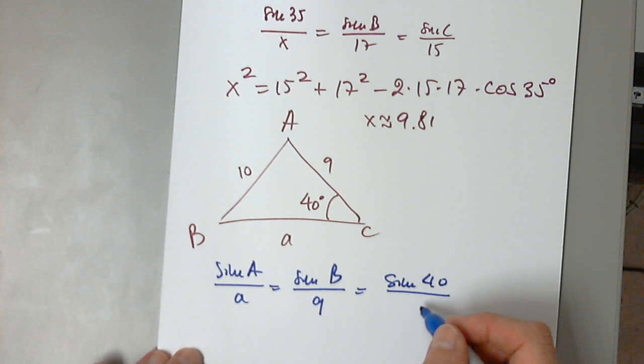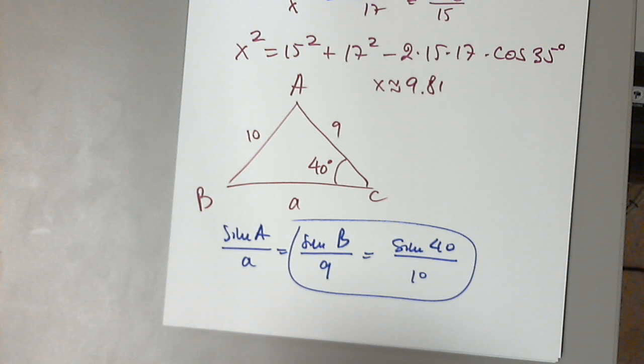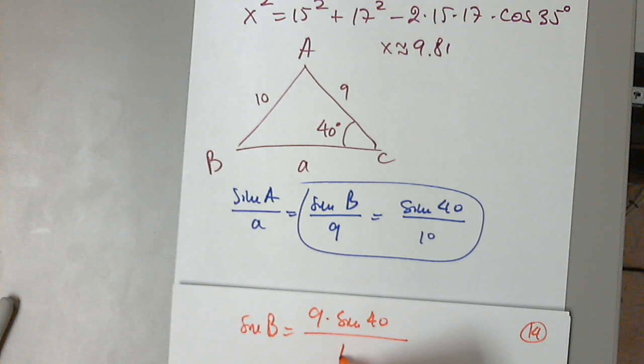This proportion has only one variable, so I can go ahead and find sine B and eventually B. So we cross multiply and we divide by 10. So sine B equals 9 times sine 40 divided by 10. I'm hoping that this is a number under 1, otherwise it does not exist and I'm done and I have to make up another.